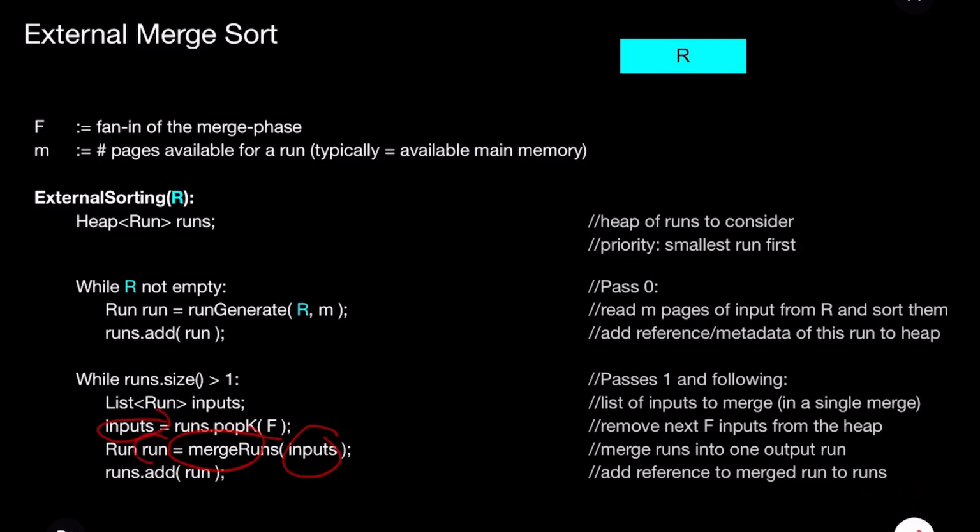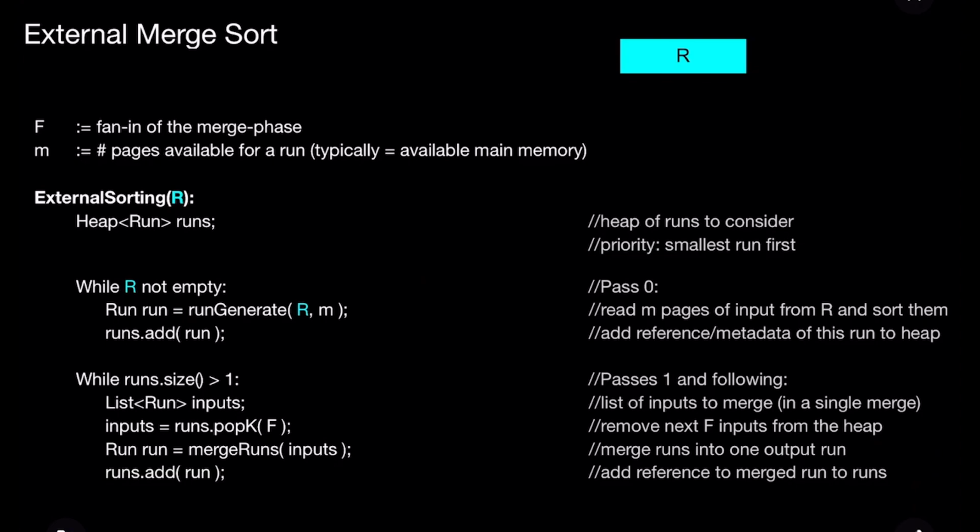That will create an output run, and the metadata for that is again added to the heap. I keep on looping as long as the size of that heap is strictly greater than 1, because that implies there's more than one run, so I haven't fully merged all of the input. That's one way of organizing that.